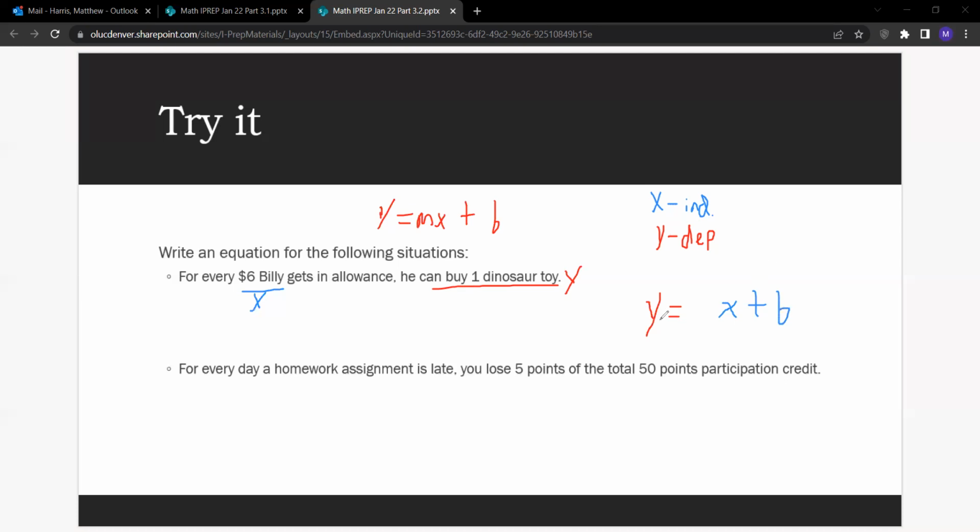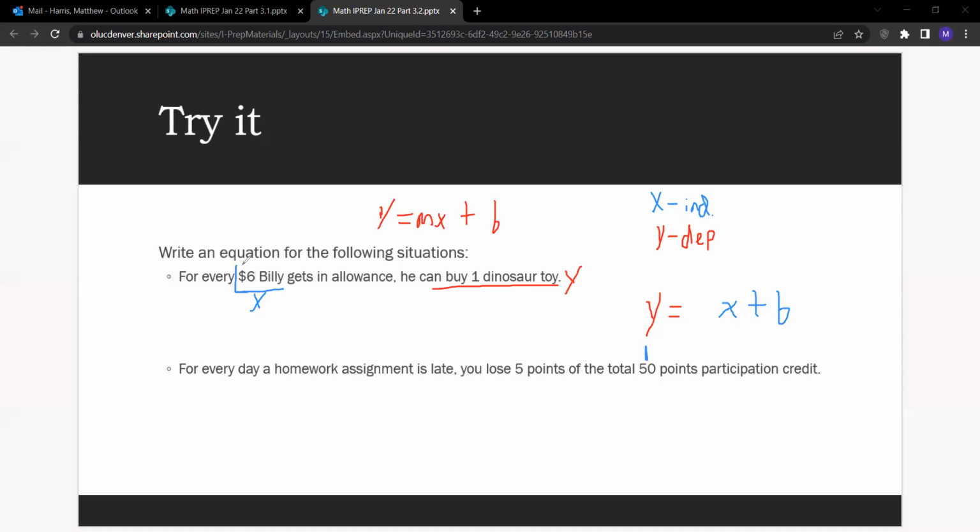So in this case, if y equals one dinosaur toy, so y has a value of 1, how many x's do we need to equal 1 y? How many dollars do we need to get one dinosaur toy? We need $6, right?